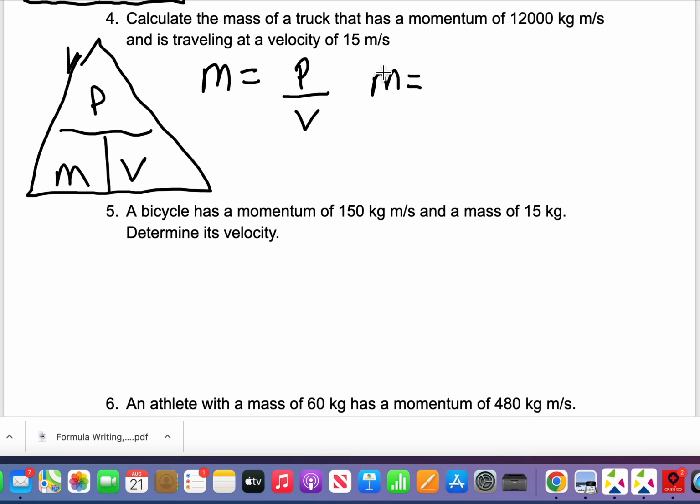Mass equals momentum, which is 12,000 kilograms meters per second. And it's really important that you get the numbers in the right spot here. Momentum, see that says it has a momentum? And a velocity is 15 meters per second. So now we're going to take 12,000 divided by 15.